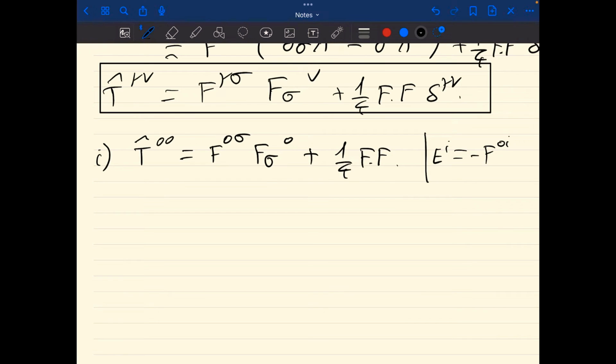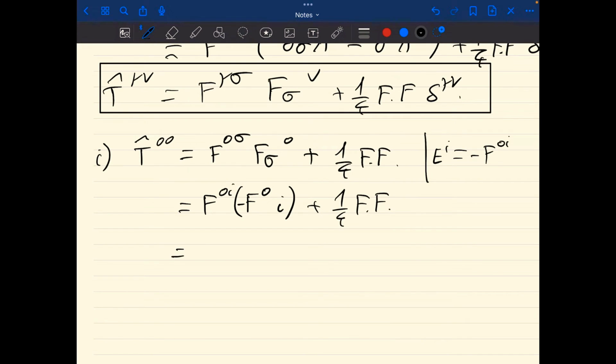So clearly here in the first term, σ can only take spatial components, so 1, 2, 3. If you want to make it easier, I will already invert things, so F^{0i} F_i^0, that comes with a minus sign because it's antisymmetric, plus 1/4 of FF.